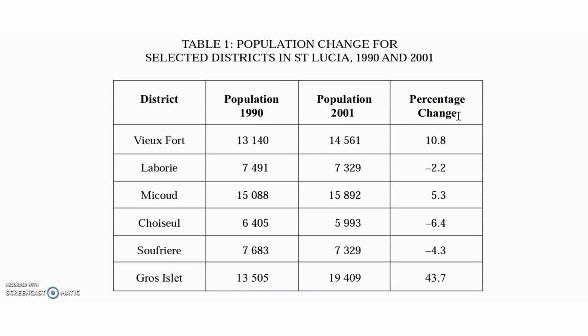Students, bear in mind there can be a positive change or an increase in the population, and it can also be a decrease. Whenever you see a negative sign, that is indicative of a decrease in the population. Take approximately 1 minute and look at the table, please.